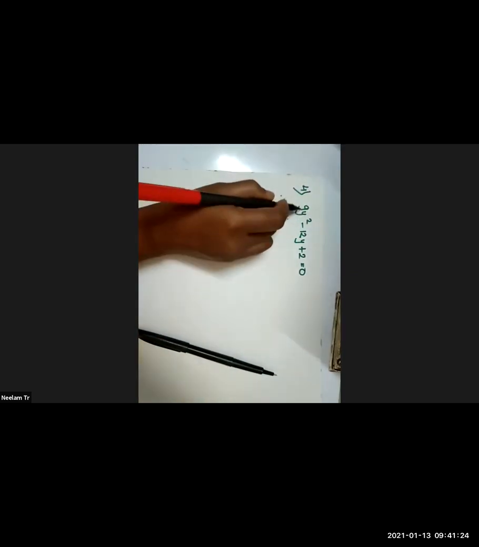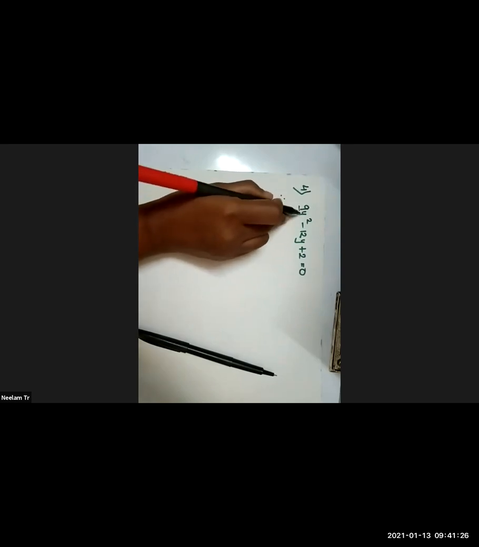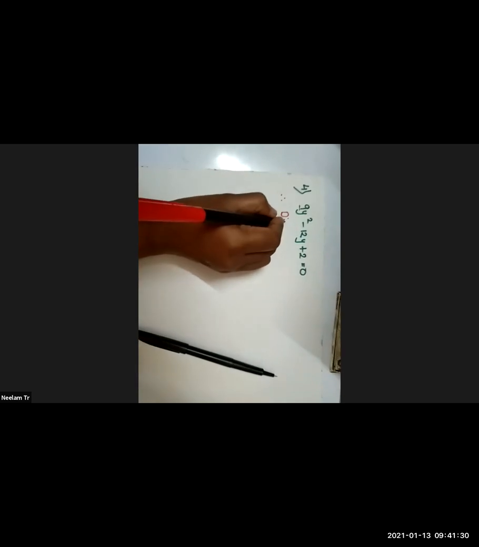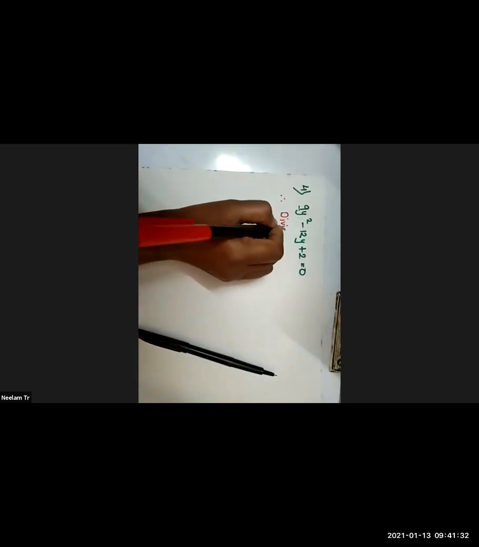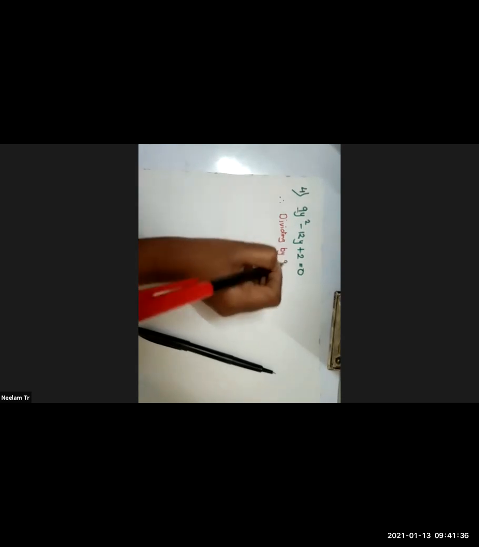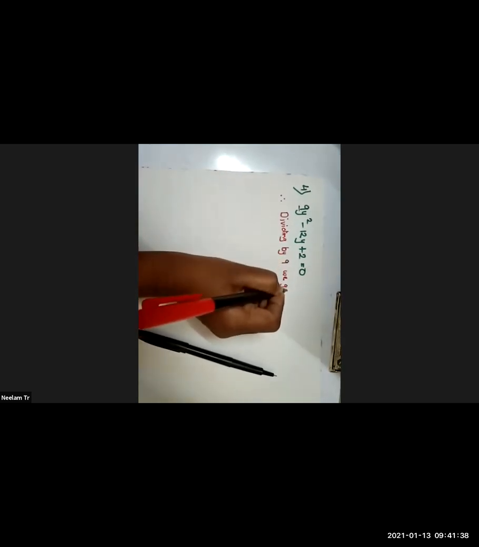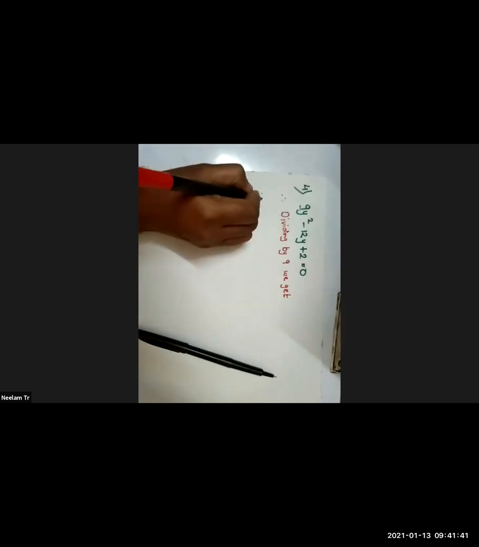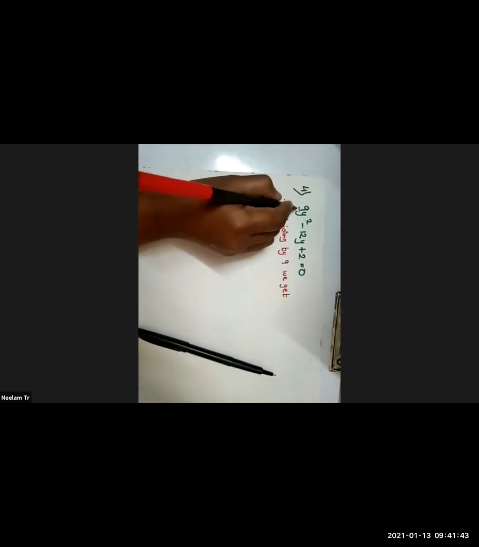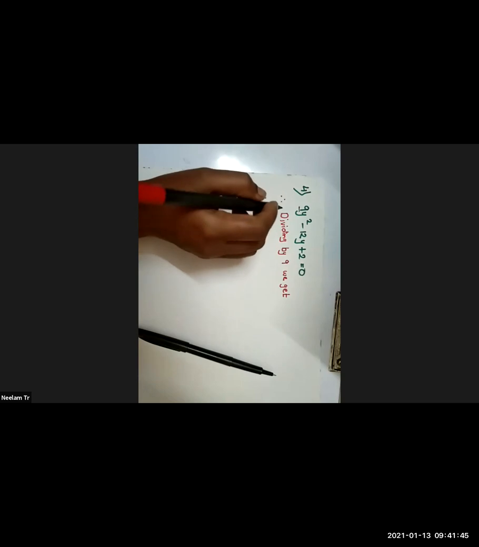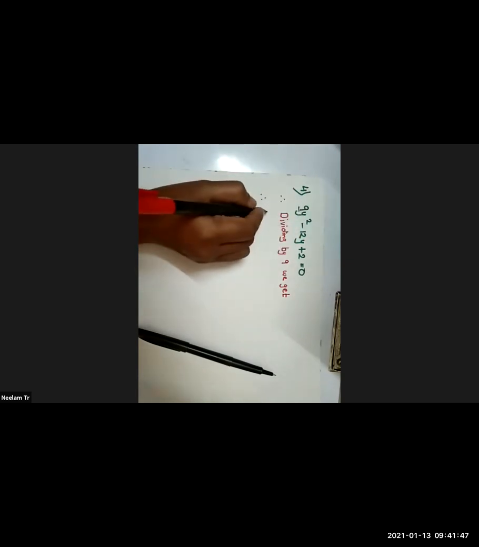Why I am doing this? Because I need the coefficient. इसका हमेशा 1 रहना चाहिए. That's why I am dividing this equation by 9. Dividing by 9, we get. अभी 9y square को 9 से divide करोगे क्या मिलेगा? 9 will get cancelled and you will get y square.